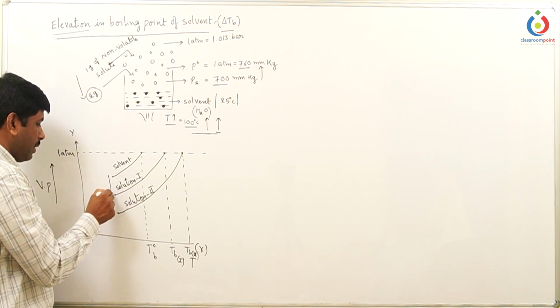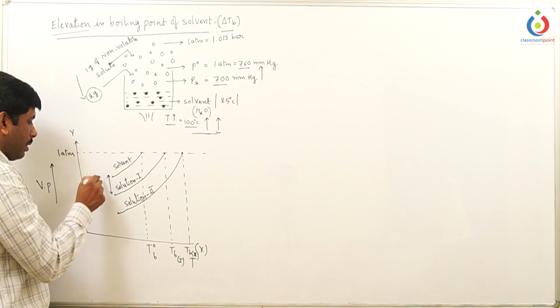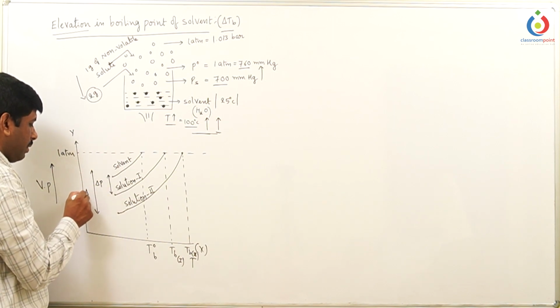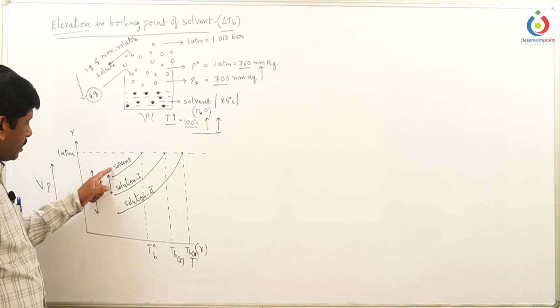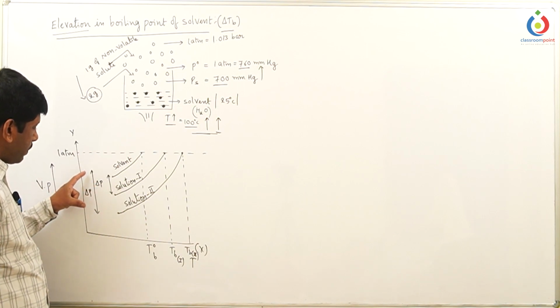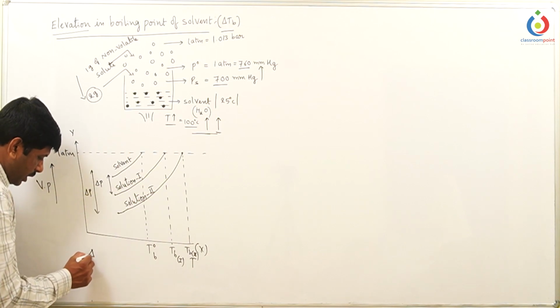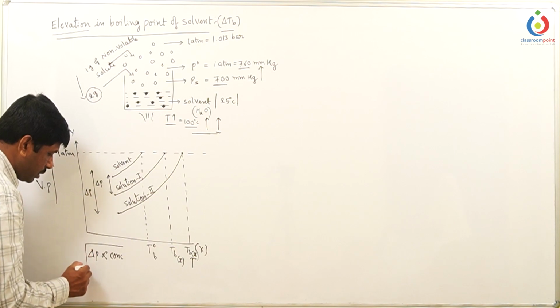You can see this difference in the vapor pressure, that is the lowering of vapor pressure, between the solvent and solution 2. When the concentration increases, the lowering of vapor pressure also increases. So we can write that lowering of vapor pressure is directly proportional to the concentration of the solution.